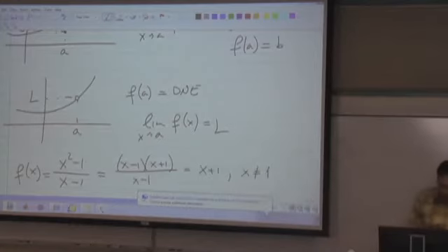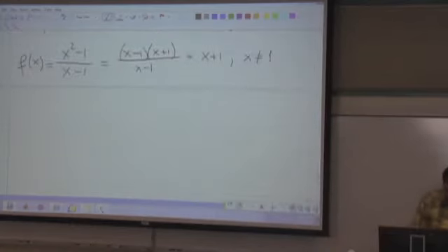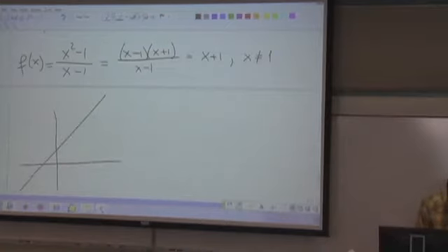So if you think about the graph of this particular function, it'll just look like that. Does this make sense?